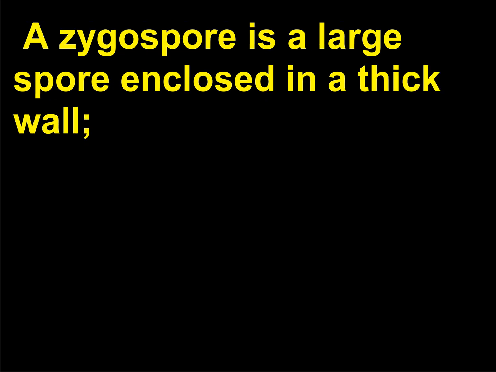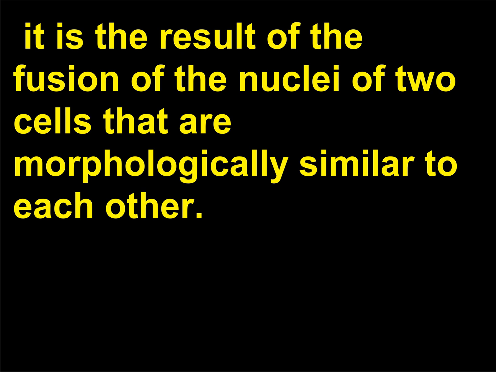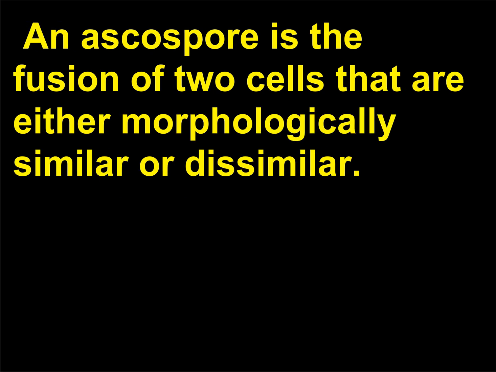A zygospore is a large spore enclosed in a thick wall. It is the result of the fusion of the nuclei of two cells that are morphologically similar to each other. An ascospore is the fusion of two cells that are either morphologically similar or dissimilar.